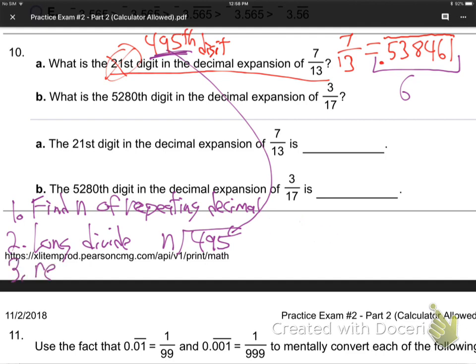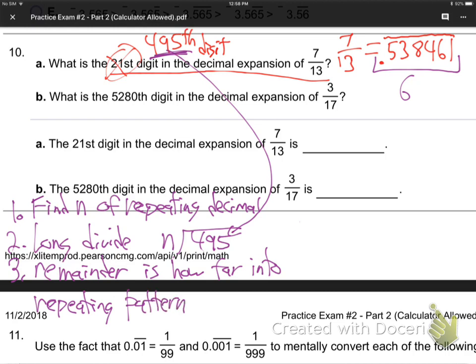Step 3. The remainder is how far into the repeating pattern.